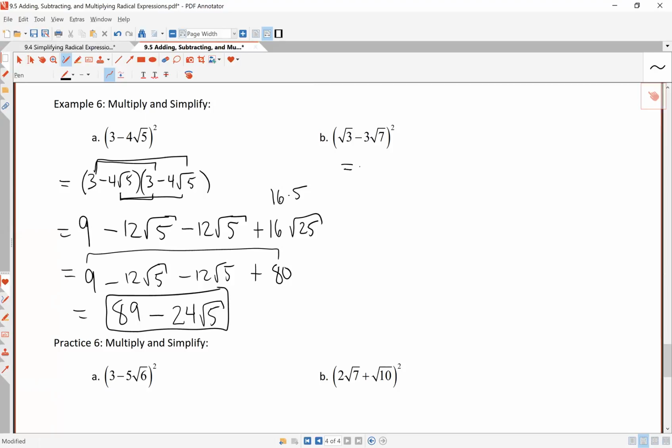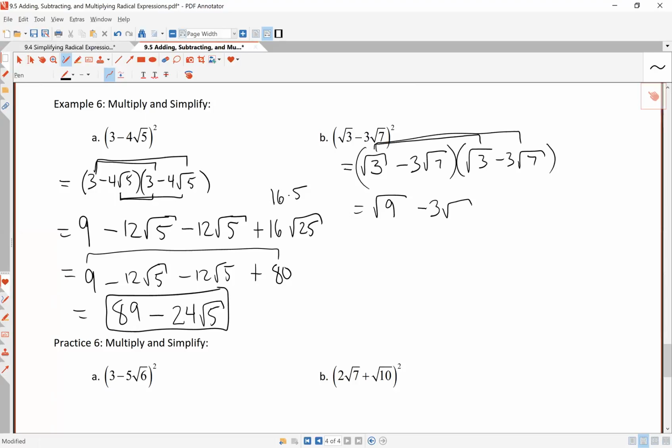Letter B, we rewrite this 2 times. Root 3 minus 3 root 7 times itself. Root 3 times root 3 is square root of 9. Root 3 times negative 3 root 7 is negative 3 square root of 21. Negative 3 root 7 times root 3 is negative 3 square root of 21.